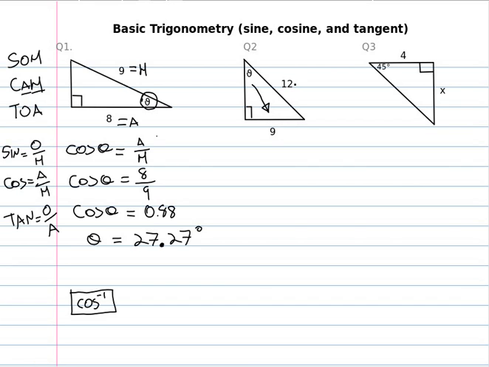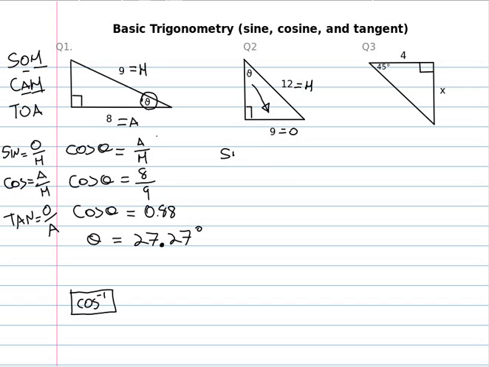So we go back to our SOHCAHTOA. We have the hypotenuse and the opposite, so sine will be our go-to ratio.